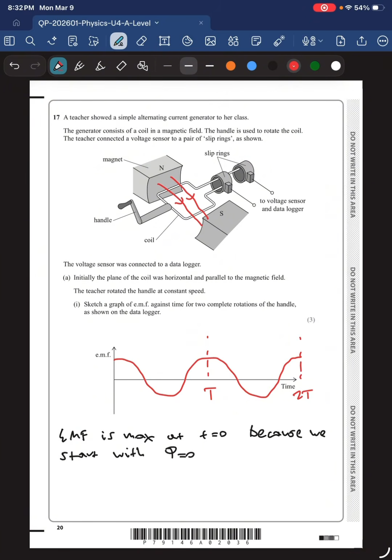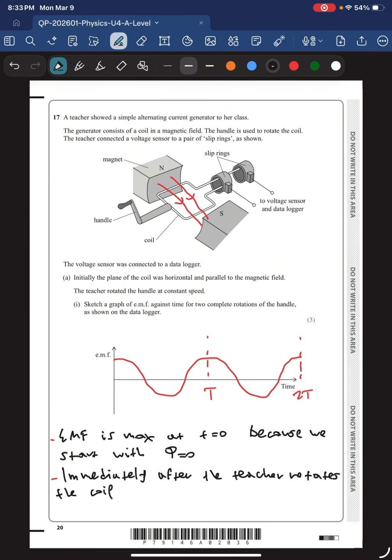Okay, so let's write that down. Immediately after the teacher rotates the coil, the flux changes at a maximum rate.